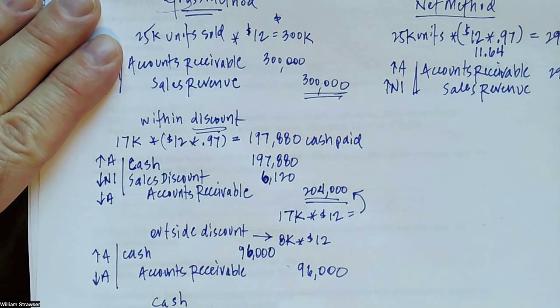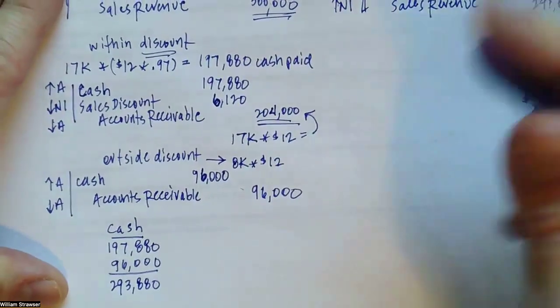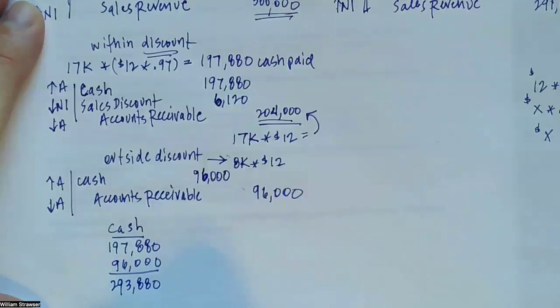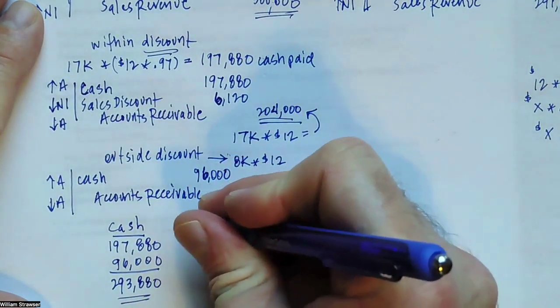And so all together, I got 293,880. So I just added the two pieces of cash here and here together to get the total cash involved in these transactions. And now we're going to go with sales revenue.